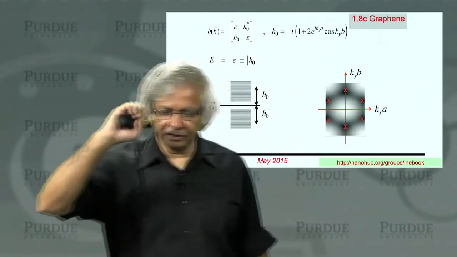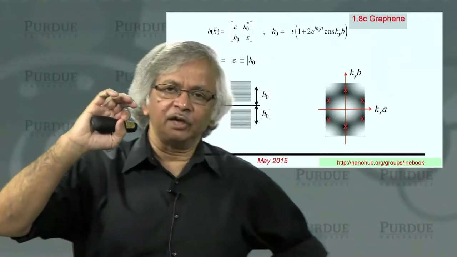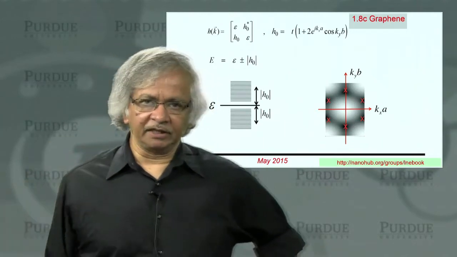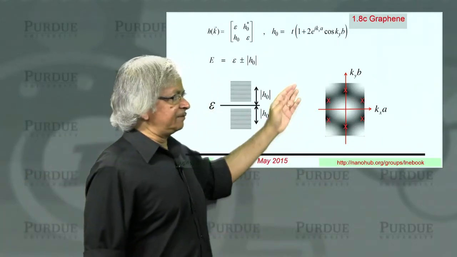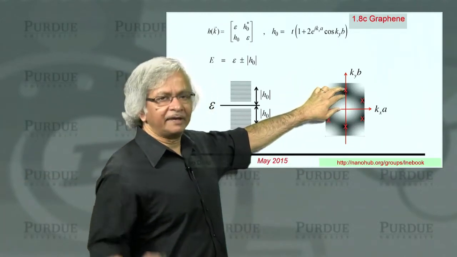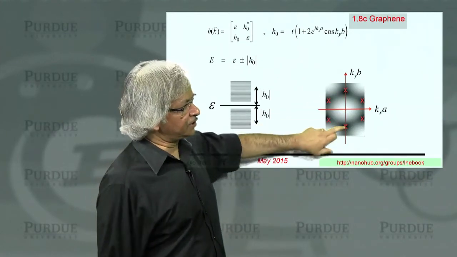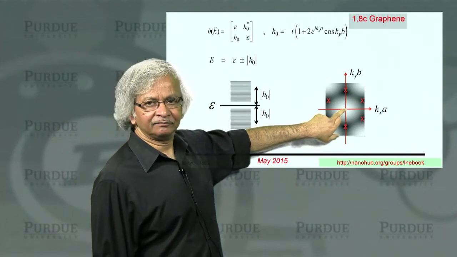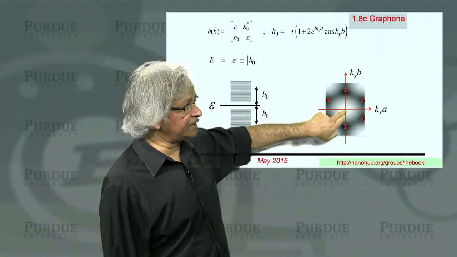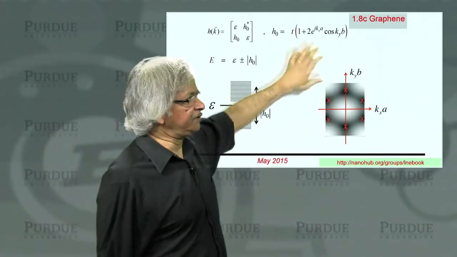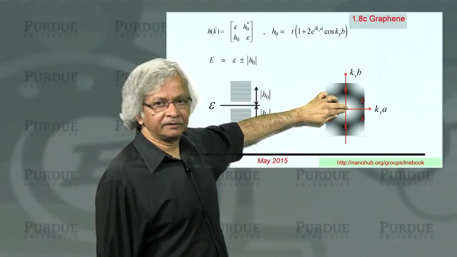You choose a particular kx and a particular value of ky, look at the magnitude of H0, and ask the computer to plot it in this grayscale plot: if it is small, you make it black, dark; if it is big, you make it white. So you can see it's whitest right there, because just as we discussed, when kx is 0 and ky is 0, H0 is at its peak. It's 3t. So that part's real white.